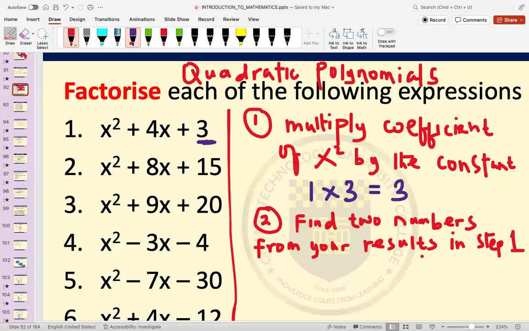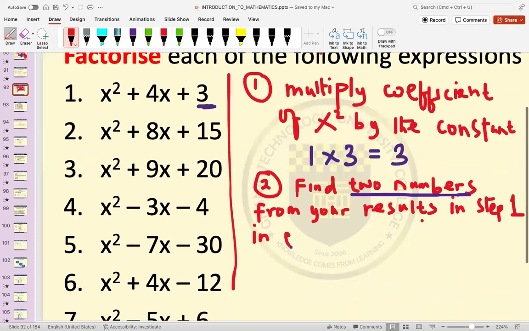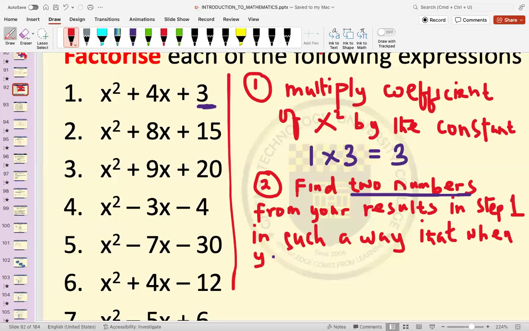Find two numbers from your results in step 1 in such a way that when you multiply them, you get the results again.